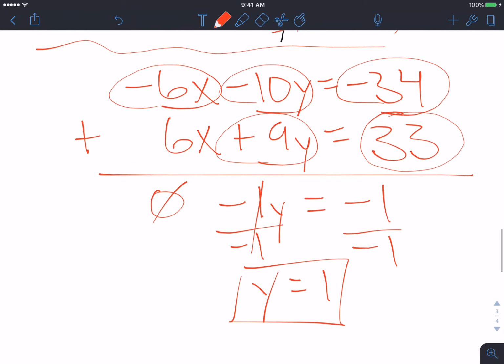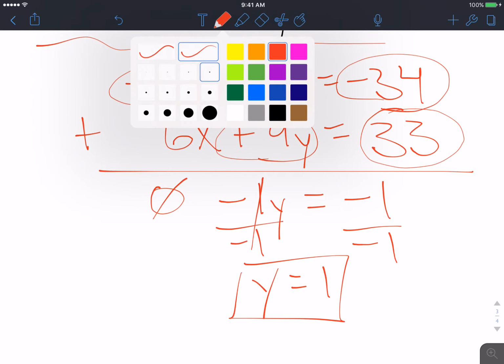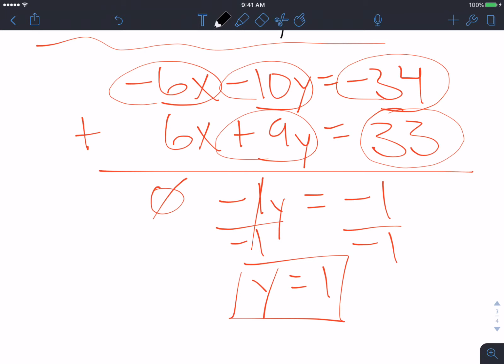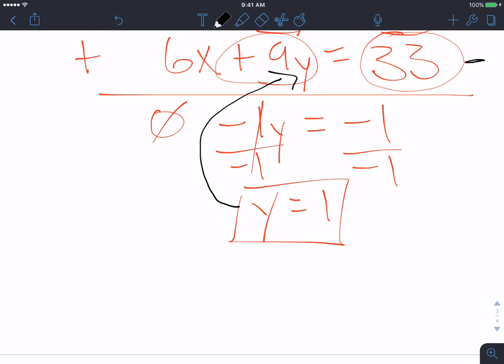So there's our y. And just like before, let's plug it back in. Let's plug it into the bottom equation this time, okay? So we're going to plug this in right there. So we have 6x plus 9 times 1 equals 33.